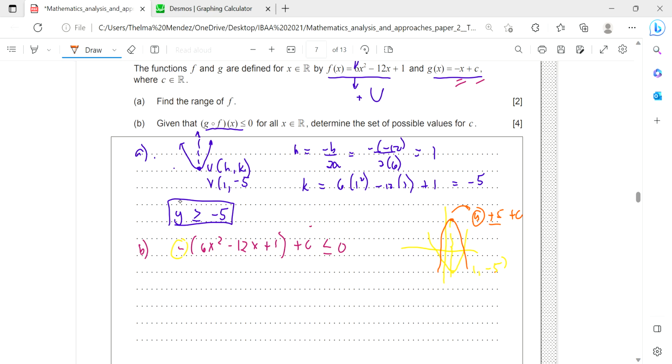Then 5 plus c. We don't know whether it's going up or down, but it's 5 plus c. So our 5 plus c is less than or equal to 0. Therefore, our c must be less than or equal to negative 5. That's the value of c.